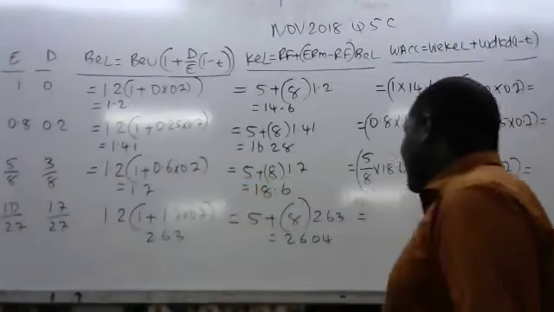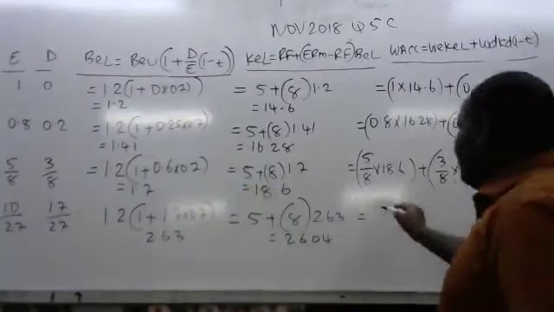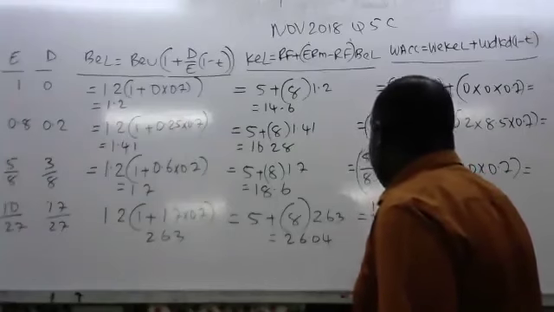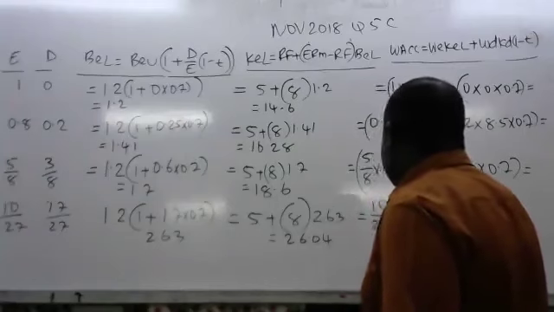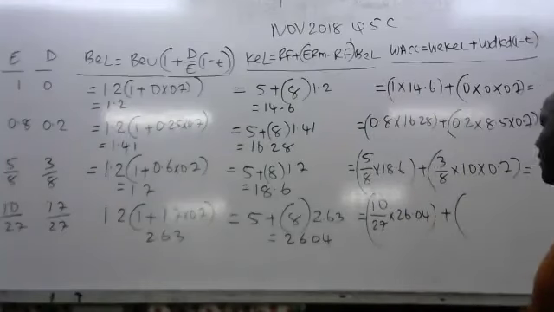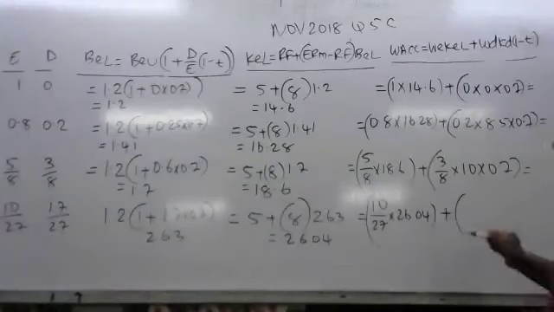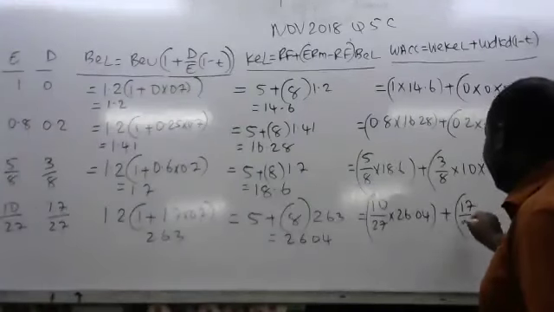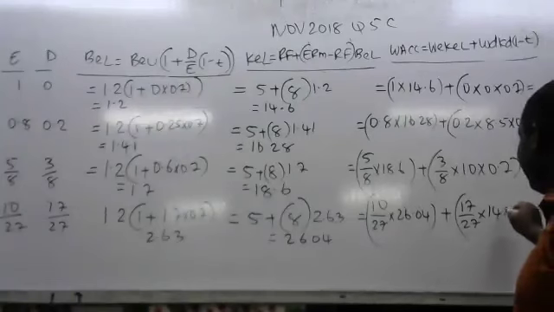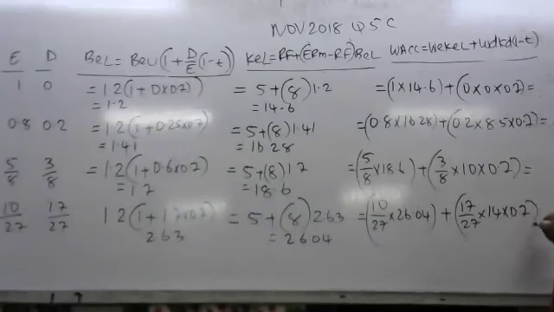So when it comes to this point, we just take 10 divided by 27 multiplied by 26.04. Then also 17 divided by 27. So pre-tax, you are given which figure? You are given 14, also 0.7.